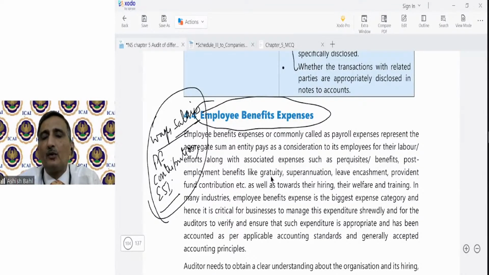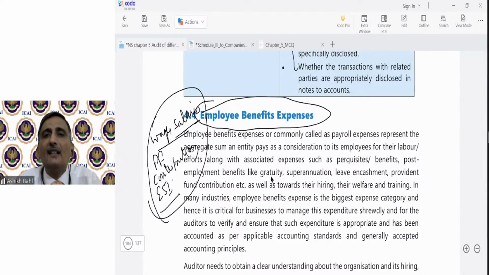Do not see the module, students, do not see the module, just think in your own minds. Logical, what steps can be there for checking employee benefit expenses? Now I have told you the meaning of employee benefit expenses. What stuff is included in employee benefit expenses? I have told you. We have discussed these things.